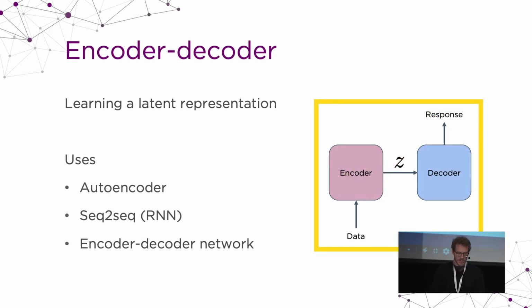So the encoder-decoder pattern. Here there will be an encoder and a decoder. In each of these modules, there can be a lot of modules, a lot of complexity. But the overall architecture will be two components. One encoder that will produce what we call the latent representation Z. And we will give this latent representation to a decoder that will predict a response.